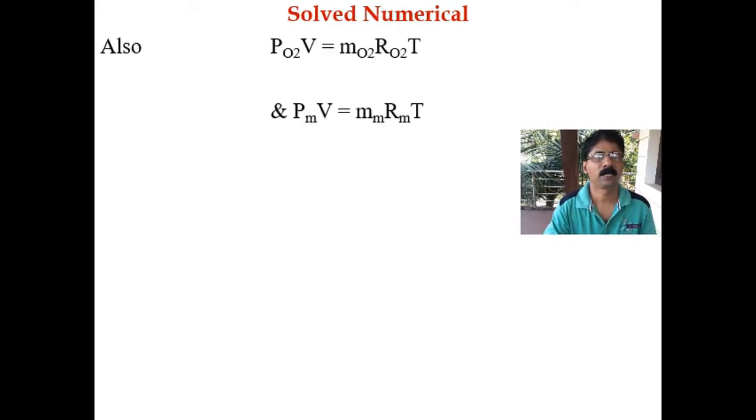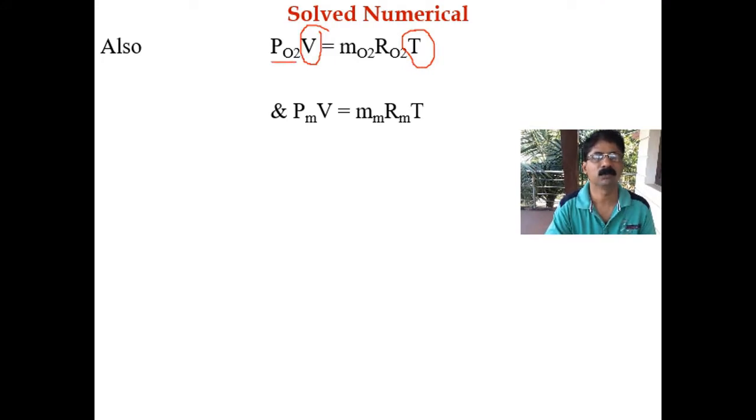Now the gas equation or state equation is PV equals mRT. Whenever you apply it for any gas, volume and temperature should be taken for the mixture, which is why there is no suffix used for volume and temperature.